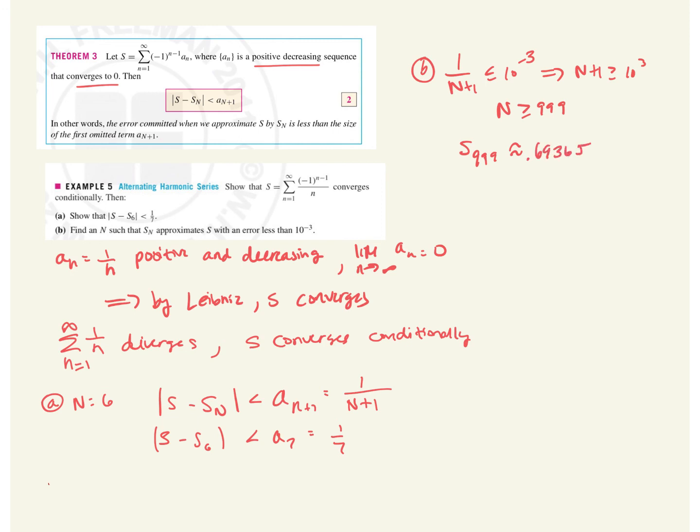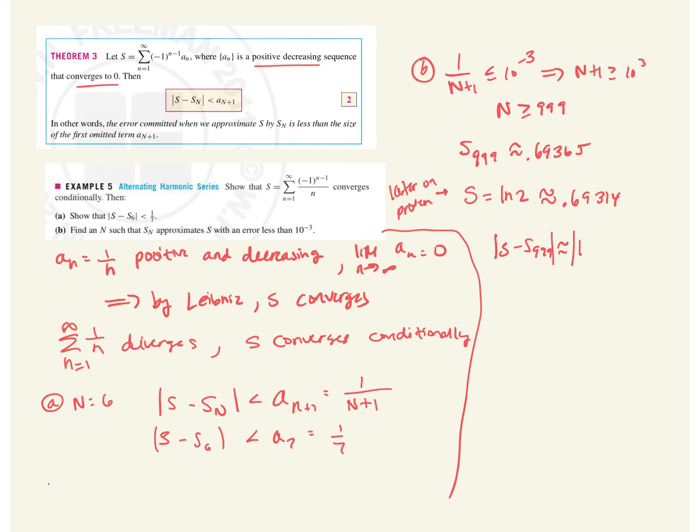And then it does say in the book that later on in 10.7, it's proven that S is equal to ln of 2. Okay. And ln of 2 is approximately equal to 0.69314.